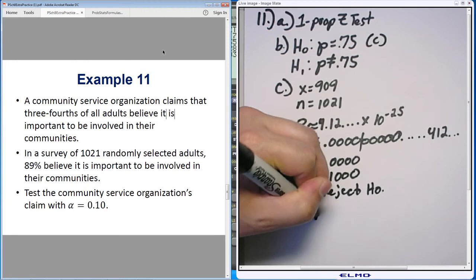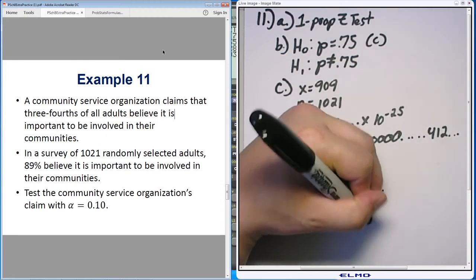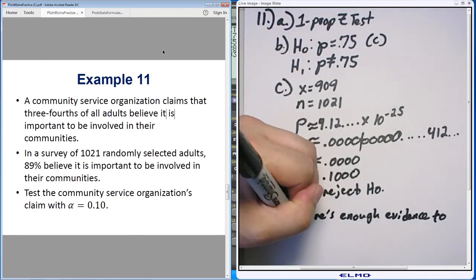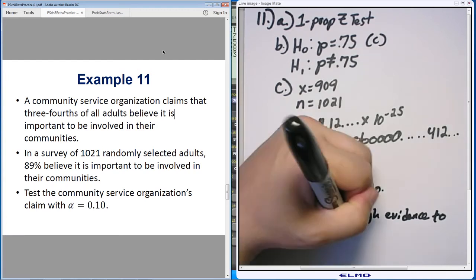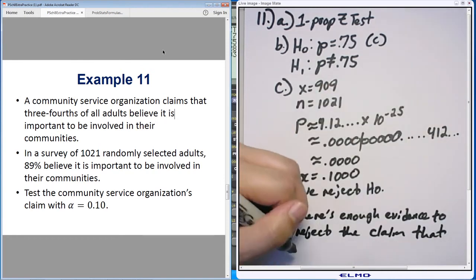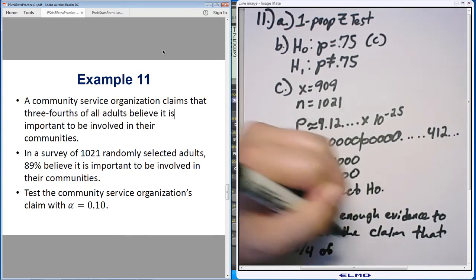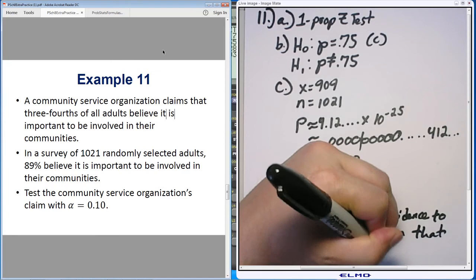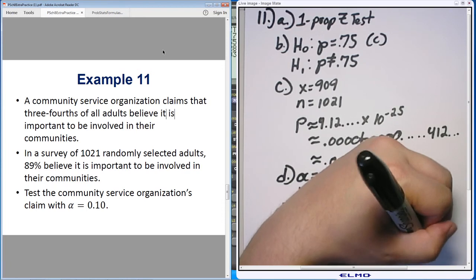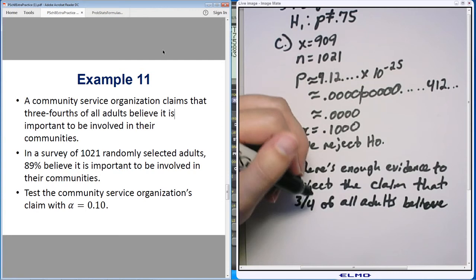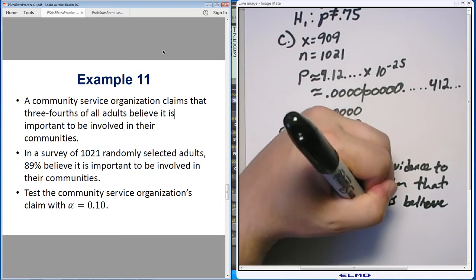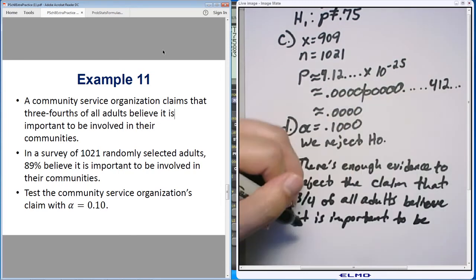Alright, now for the conclusion, there's sufficient evidence to reject the claim, since the claim's h sub 0, that 3/4 of all adults believe it is important to be involved in their communities.